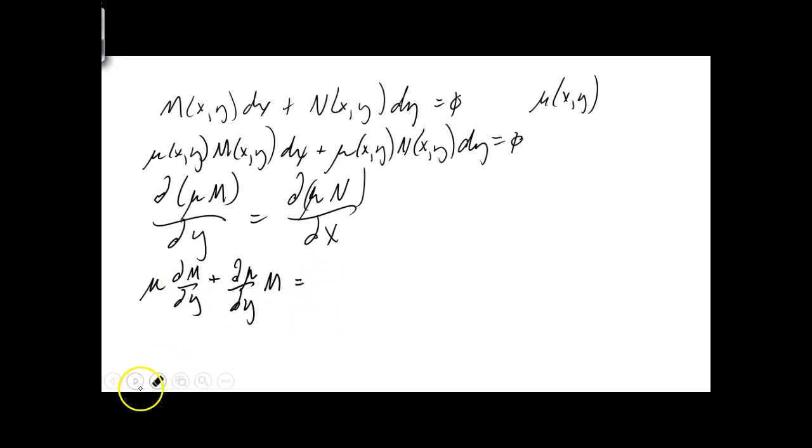So you like to do first, mu times the partial of N with respect to x plus, I like to do the N now, partial of mu with respect to x. Okay, those two are equal.